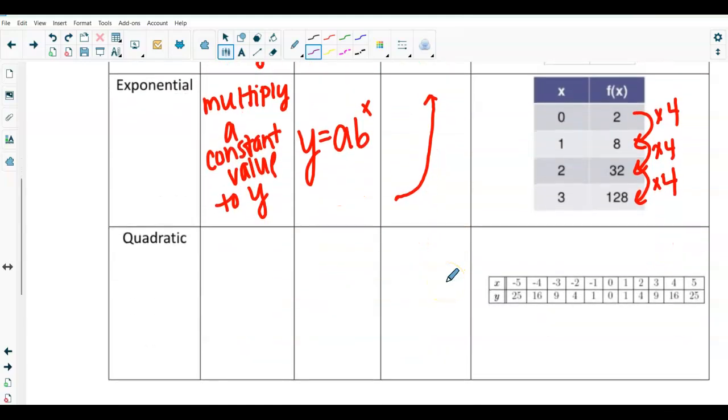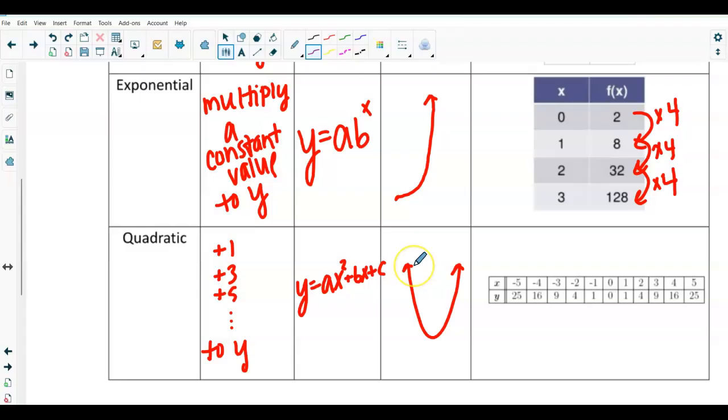And finally, our quadratic is when you add 1, add 3, add 5, the odd numbers, to y. It takes on the form y equals ax squared plus bx plus c, and it makes a parabola.